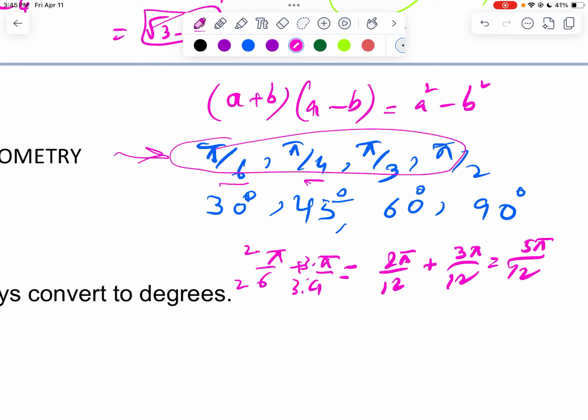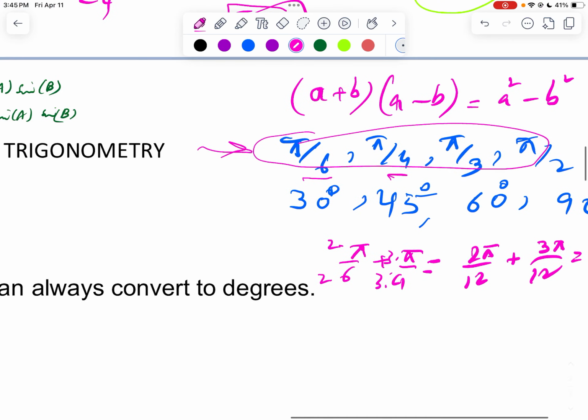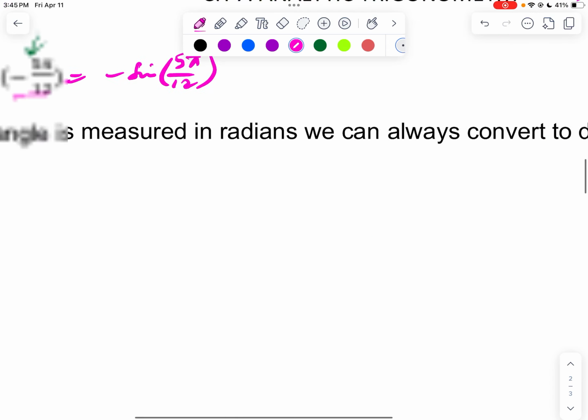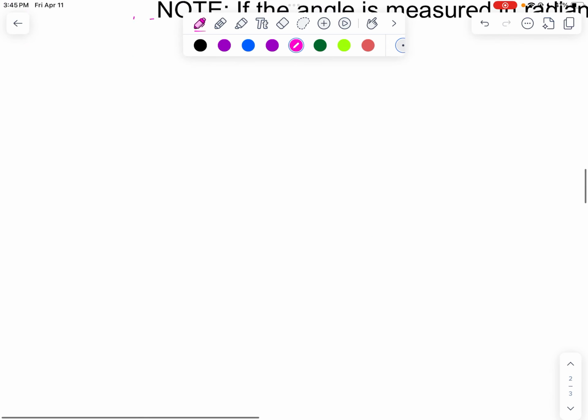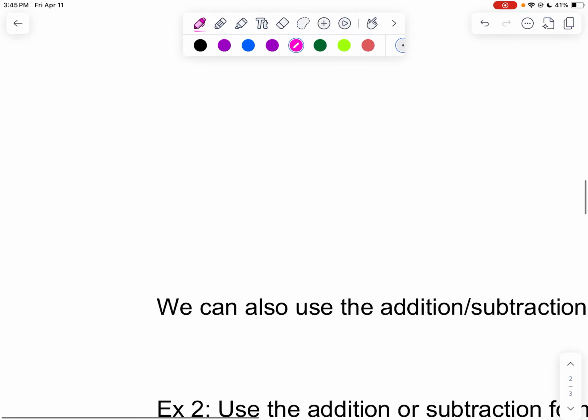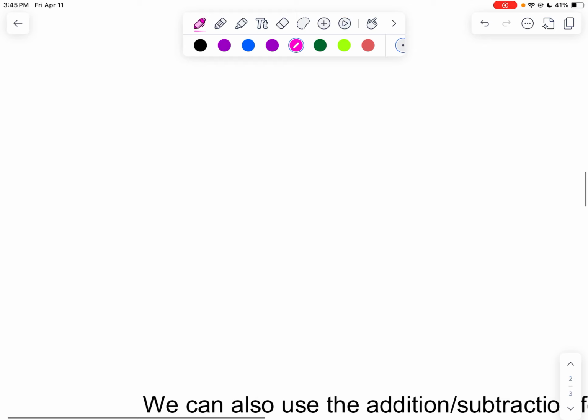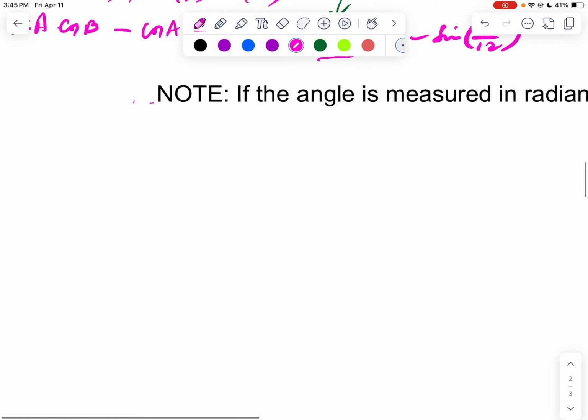So now you can see that the sine of negative 5 pi over 12 can be written as, we're dealing with sine of negative 5 pi over 12, and we use the odd function property, and according to that, the negative sign we put outside, and we have sine of 5 pi over 12.